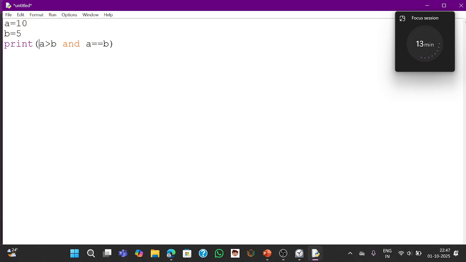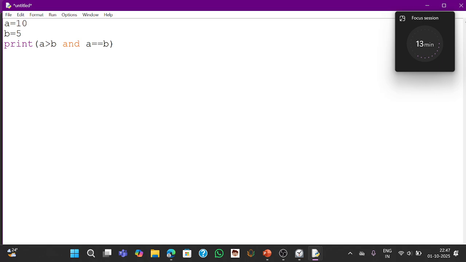So what we are doing is two relational operations are being performed and we are using a logical operator over here, logical AND. Now, usually you might have studied the truth table of logical operations, like the 0 0, 0 1, 1 0, 1 1 combinations.